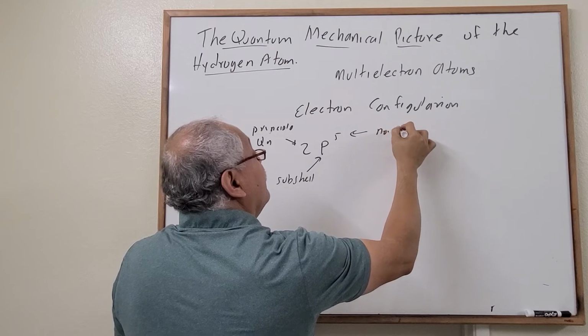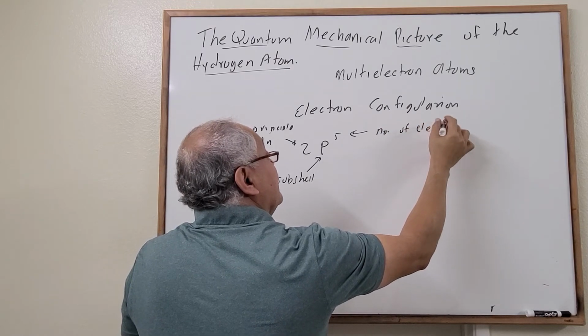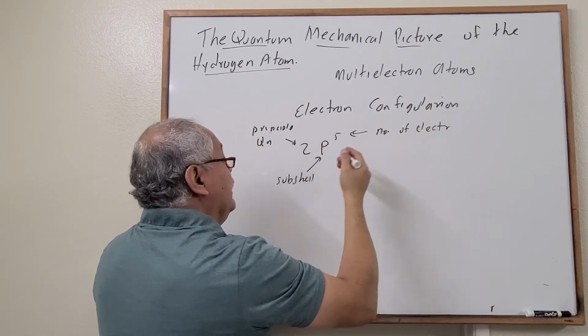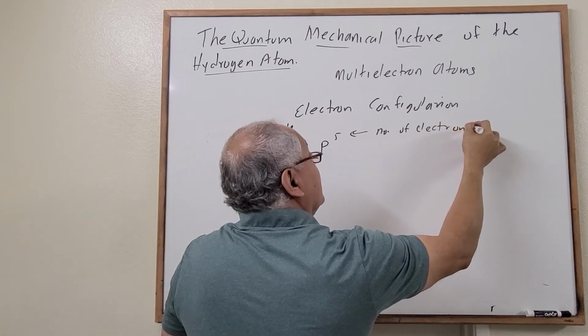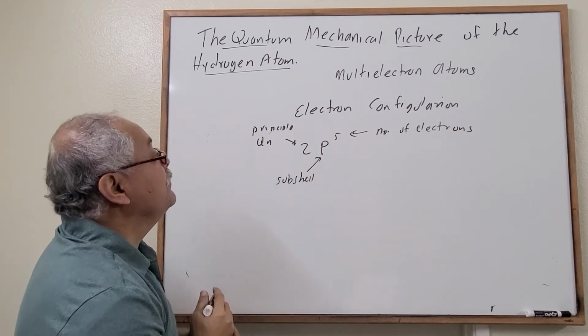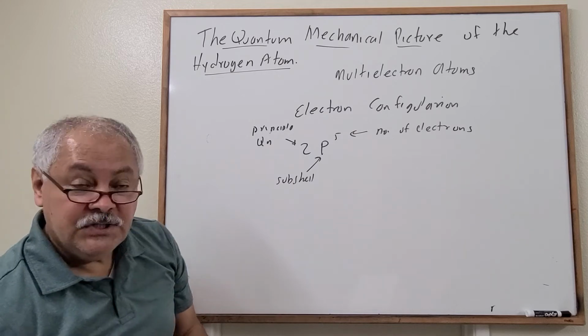Number of electrons in that subshell. Again, this is the electron configuration.